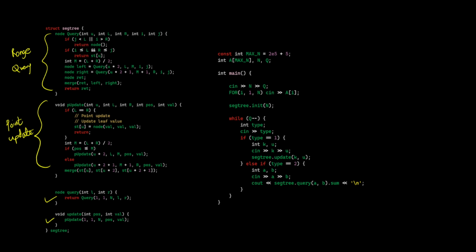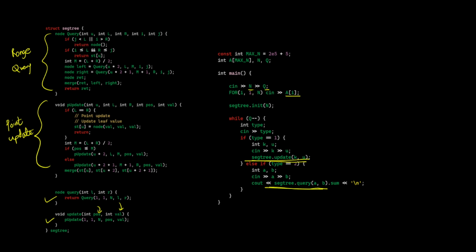So we want to find out the sum or any operation over a particular range L and R. So we will call segment tree dot query on that particular range. If you want to perform an update on a particular point with a new value, we'll simply call this function, and these functions are going to call the above private functions accordingly. And these are the implementations that we saw earlier.